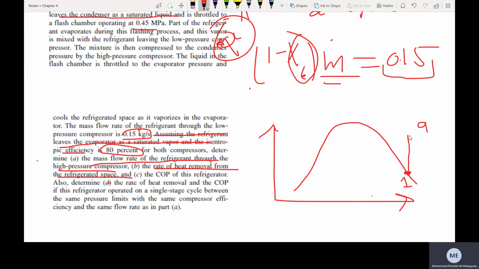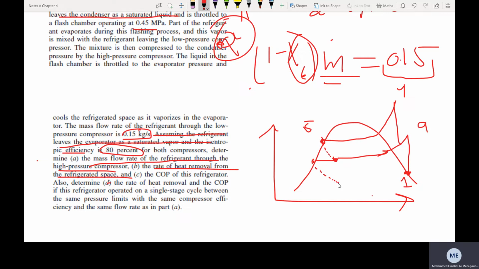Then I have this mixing, and from the mixing I will go again to point 4, and then from 4 I'm going to go to point 5. Then this stops here, this goes to the mixing, and this will be recirculated.